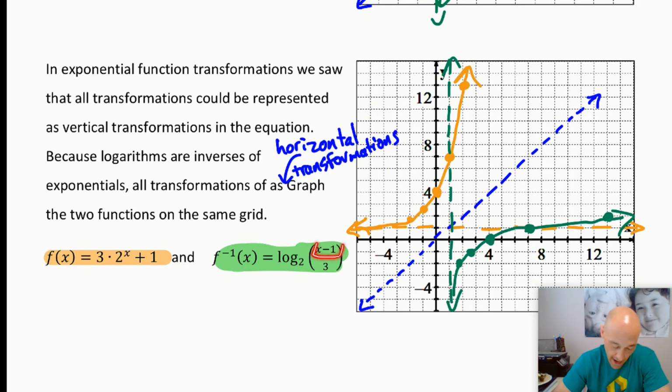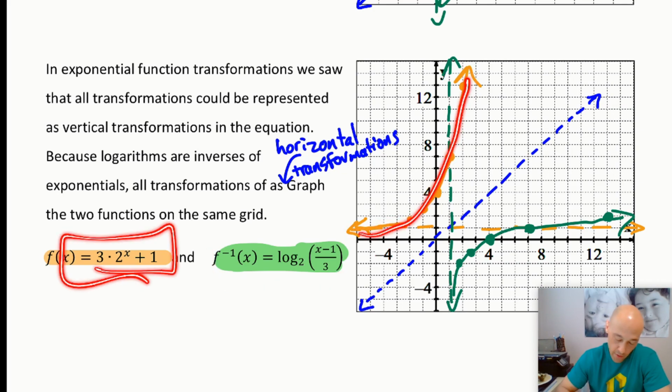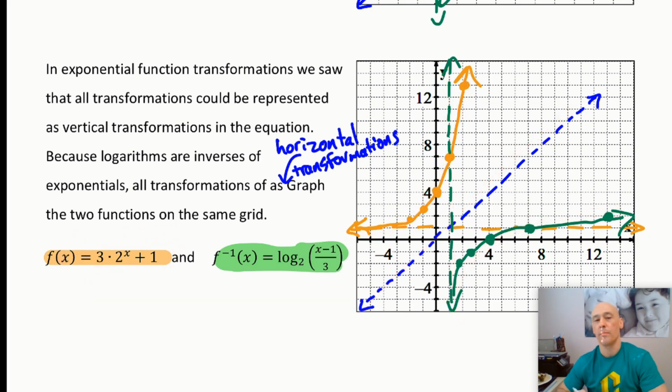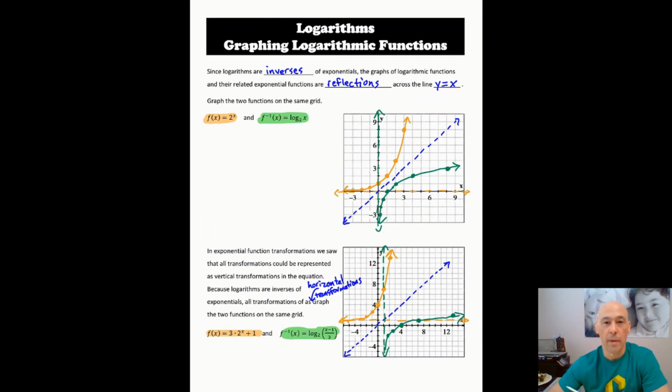And whatever you're adding or subtracting, you do the opposite of it outside there. So you can think of the inverse of your logarithm, which is the exponential. And then you can just reflect across the line y equals x and get your logarithm. So it's a little bit complicated, but the more practice you get, the better you get at it.